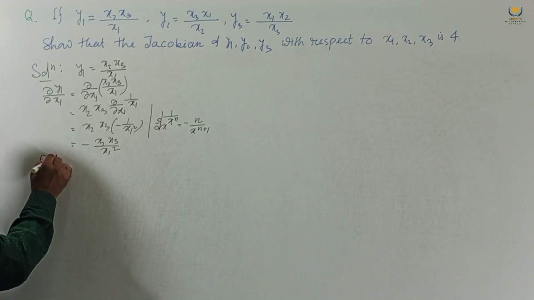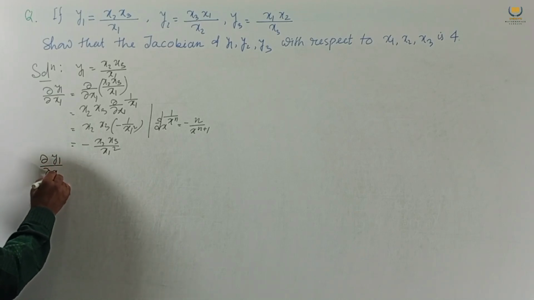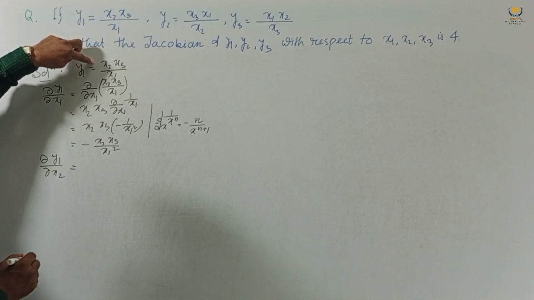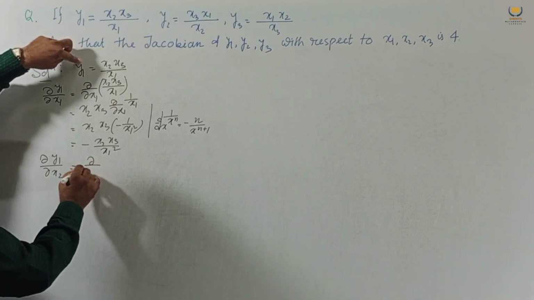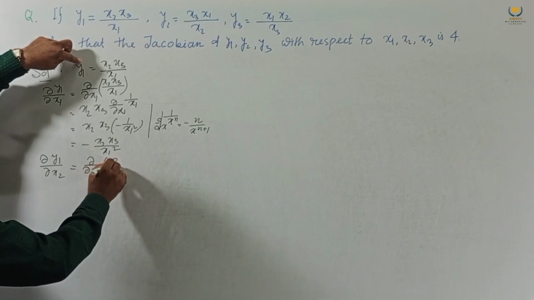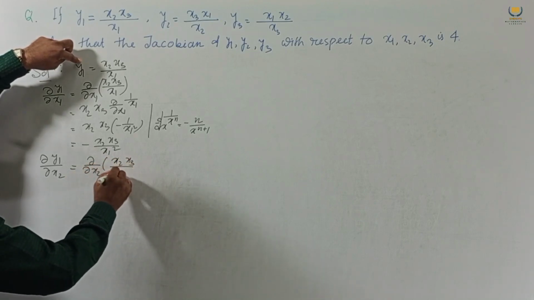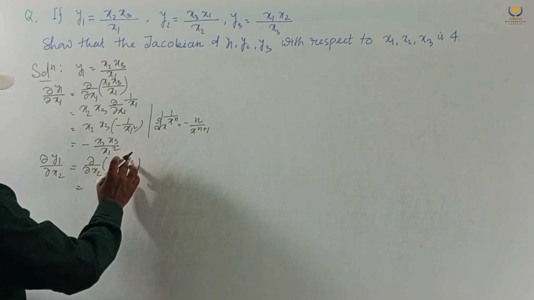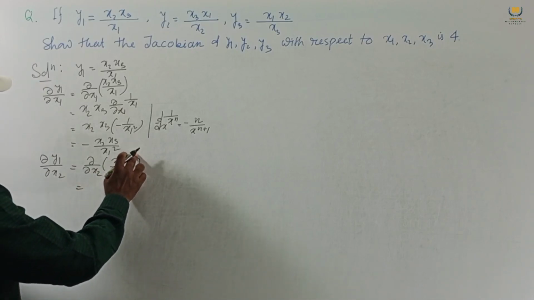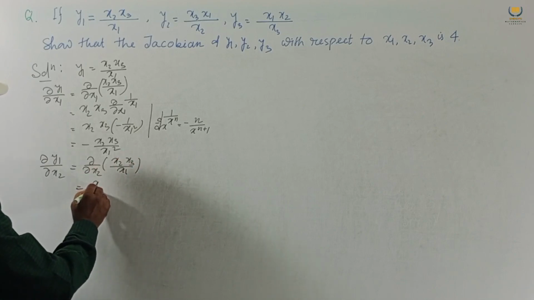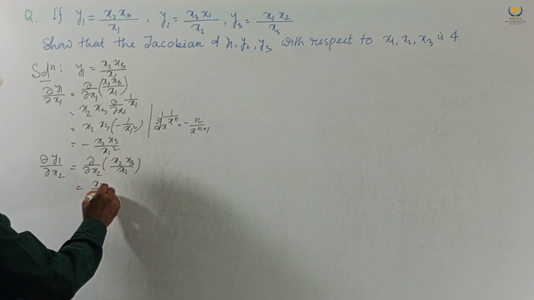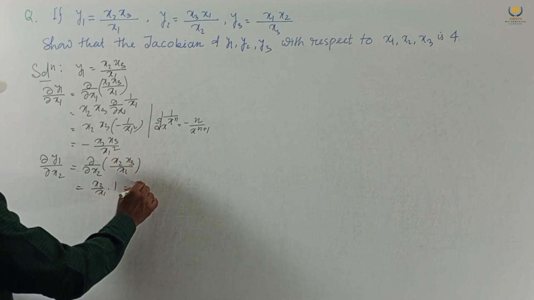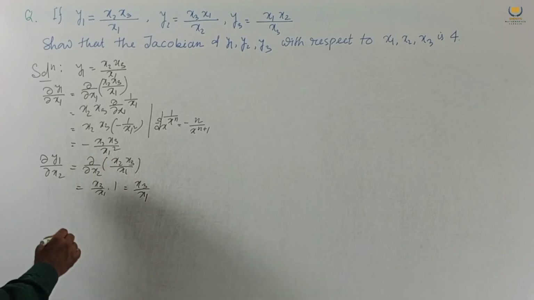And del y1 by del x2: again we differentiate, x2 x3 by x1, where x3 and x1 are constant and outside, and del x2 is 1, so we get x3 by x1.